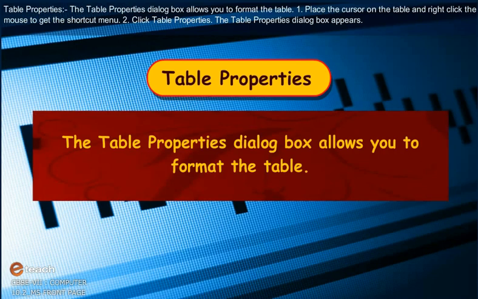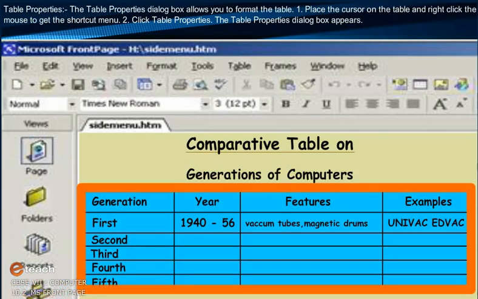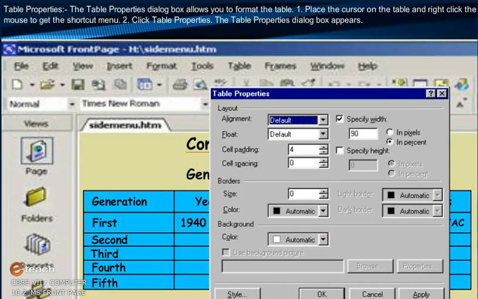Table Properties. The Table Properties dialog box allows you to format the table. 1. Place the cursor on the table and right-click the mouse to get the shortcut menu. 2. Click Table Properties. The Table Properties dialog box appears. 3.